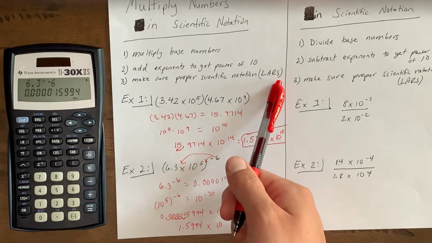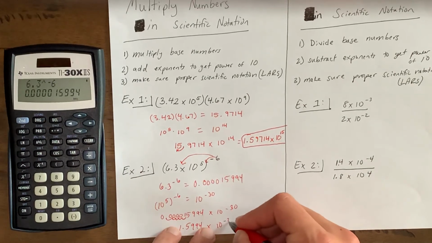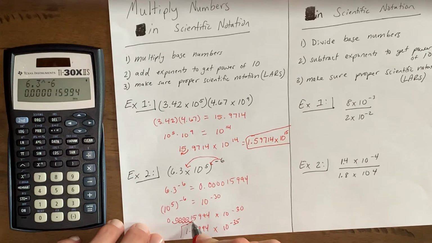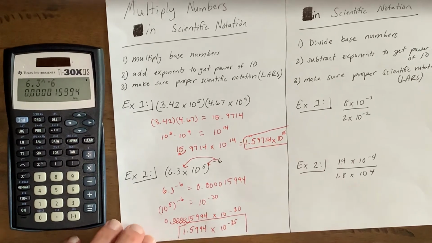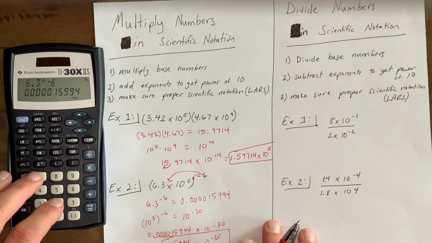So right says I subtract. So I gotta be careful here with my negative. So I have negative 30 minus 5. So I'm getting more negative. So it's gonna be to the negative 35th power. So my final answer would be 1.5994 times 10 to the negative 35th. And that's how we multiply numbers using scientific notation.